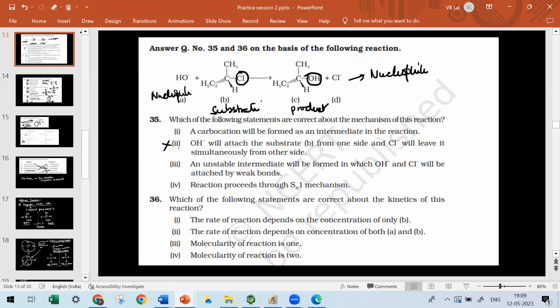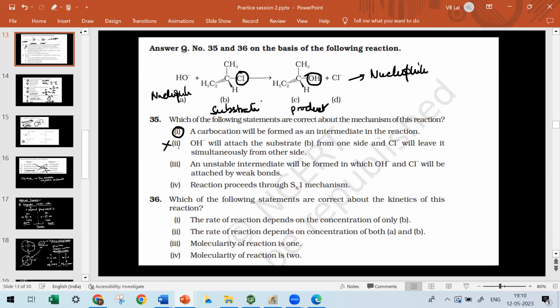Now look at the first one. A carbocation is formed as an intermediate in this reaction. Obviously, if the OH is coming on the same side, then the intermediate should have been a carbocation. So 1 is the correct option. Now let us look at the third one. An unstable intermediate is formed in which OH and Cl will be attached by weak bonds.